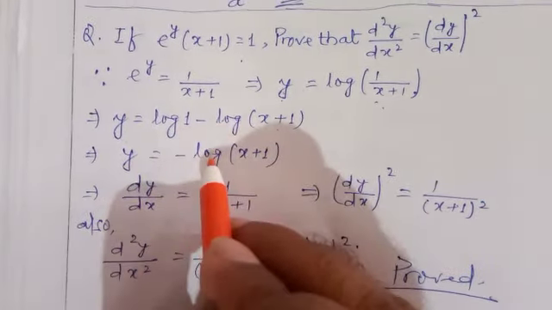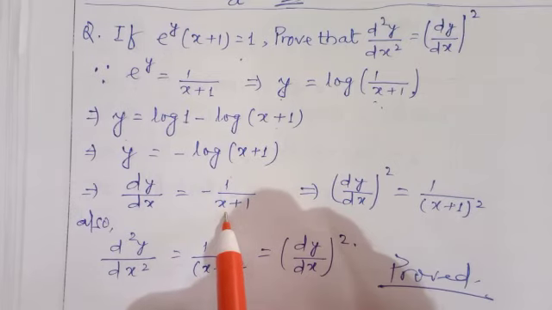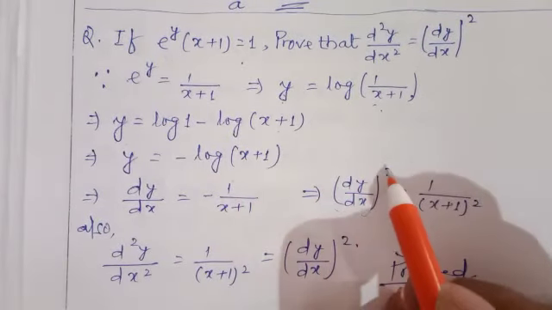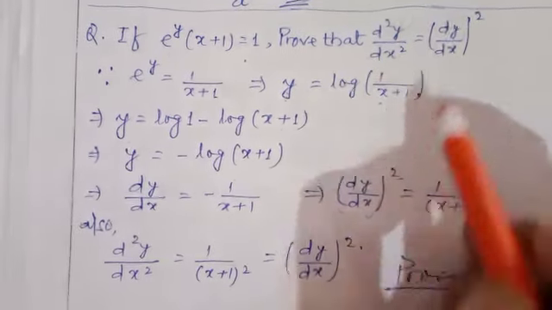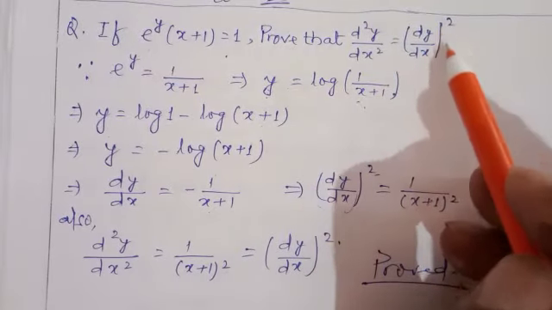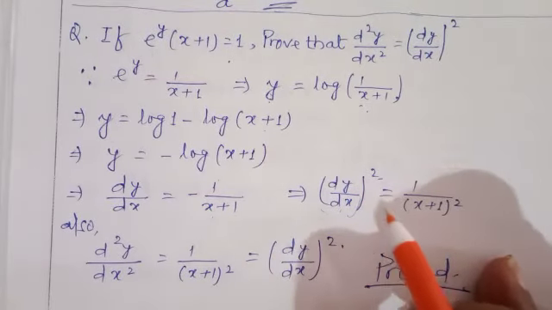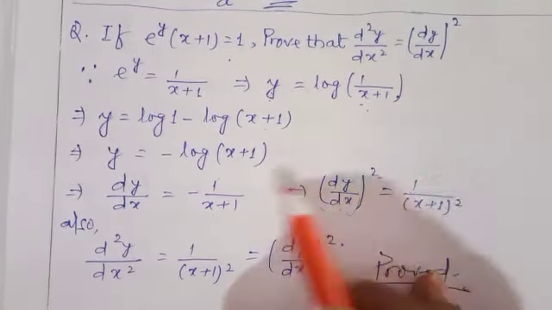Now differentiate with respect to x. Dy by dx: differentiation of log x is 1 by x, so it becomes minus 1 by x plus 1. Now squaring both sides, because you have to find dy by dx whole square, it becomes minus becomes positive, 1 upon x plus 1 whole square.